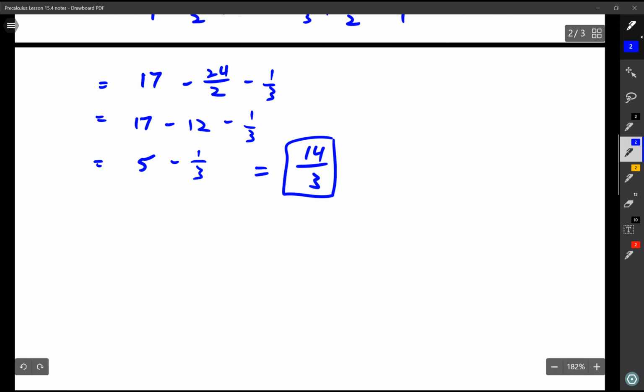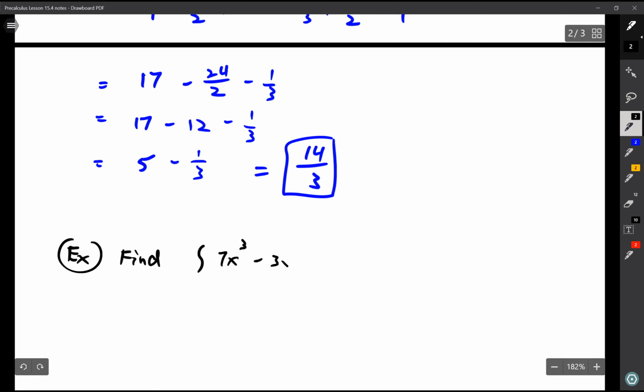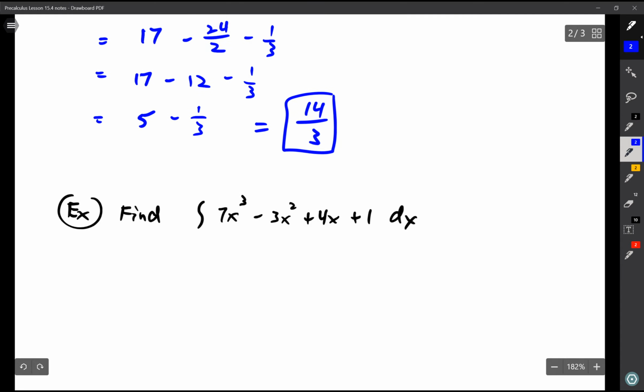And then finally one where it's an indefinite integral. We could just say find the indefinite integral of 7x cubed minus 3x squared plus 4x plus 1 dx. So the answer is just my antiderivative.